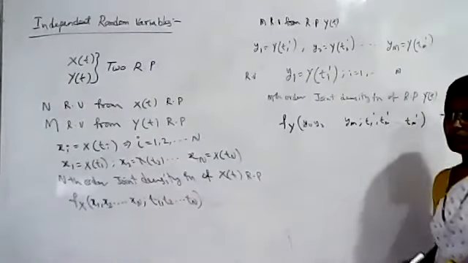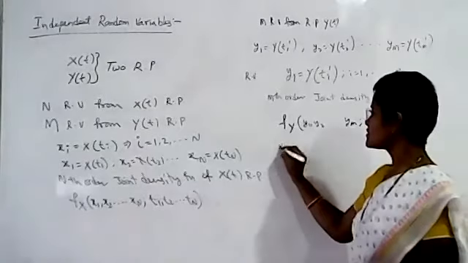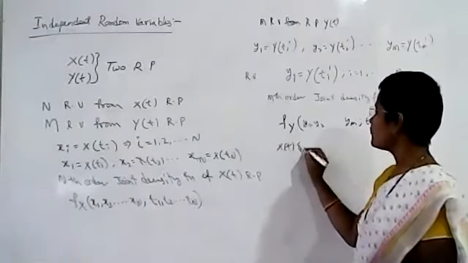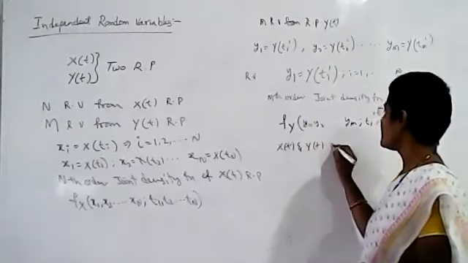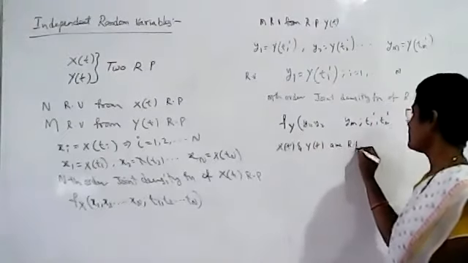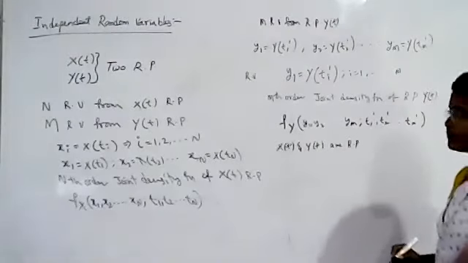Now, these two, X(t) and Y(t), are random processes.